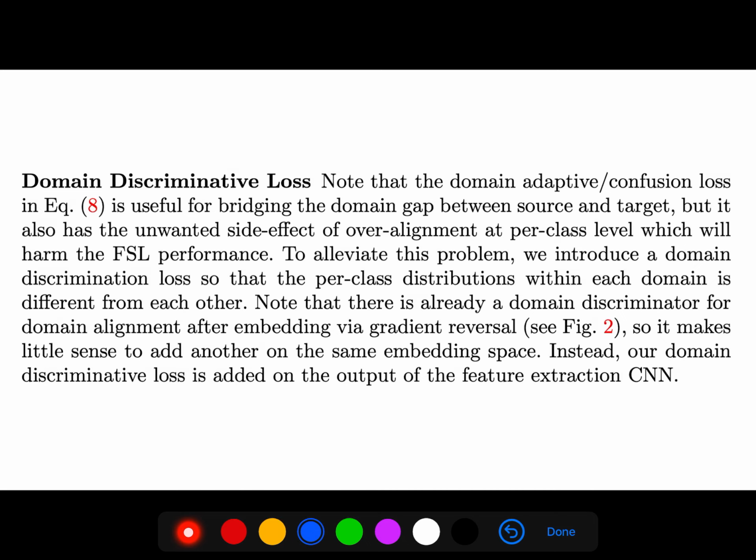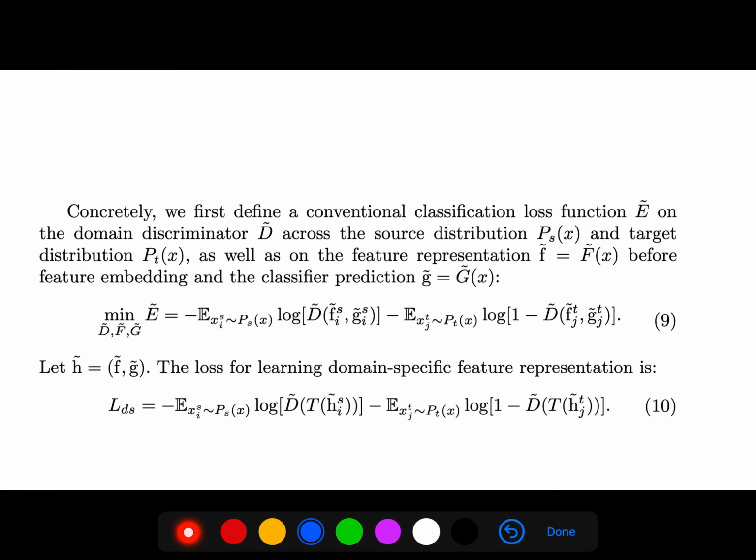Note that there is already a domain discriminator for domain alignment after embedding via gradient reversal, so it makes little sense to add another on the same embedding space. Instead, a domain discriminative loss is added on the output of the feature extraction CNN.